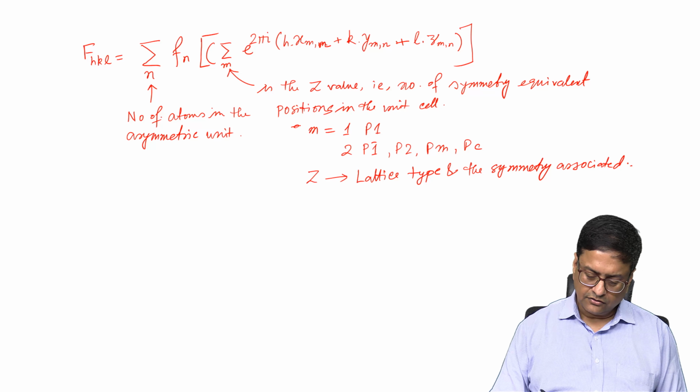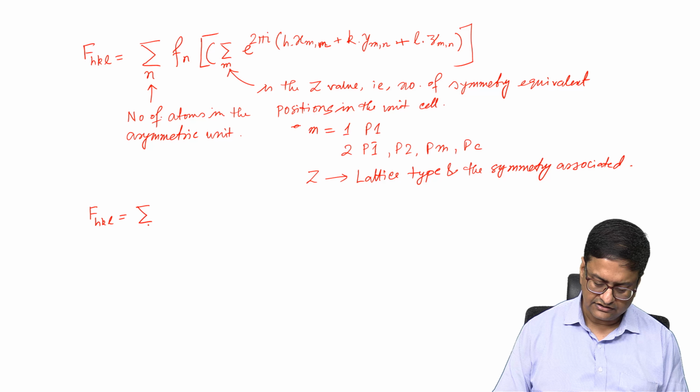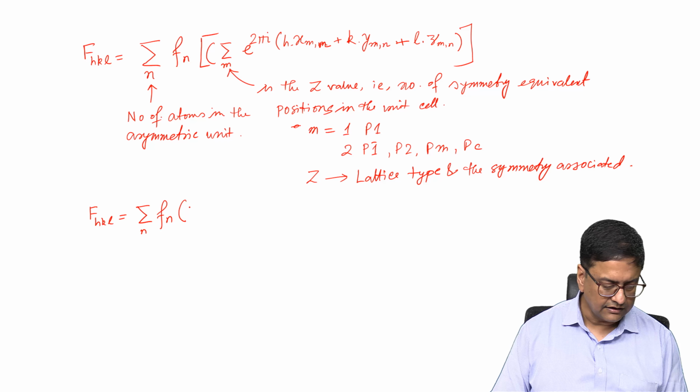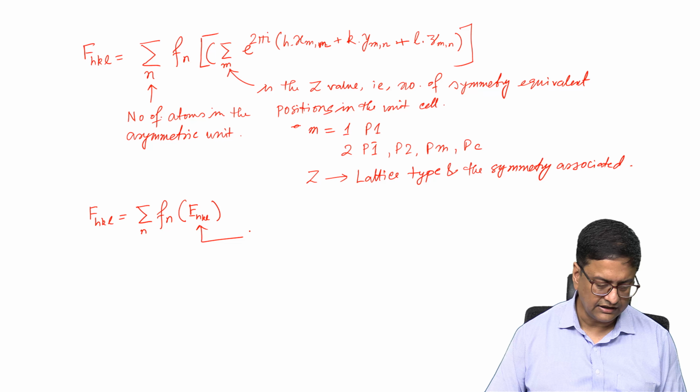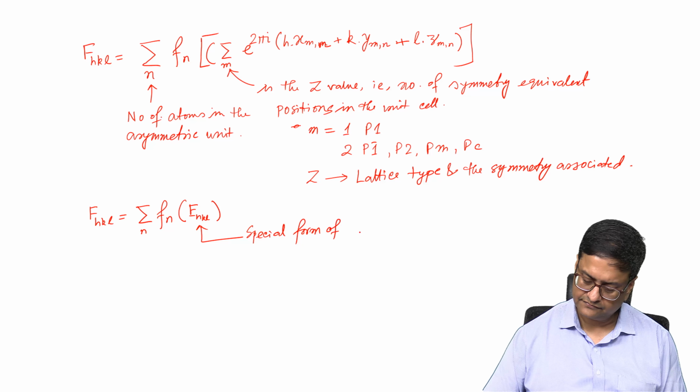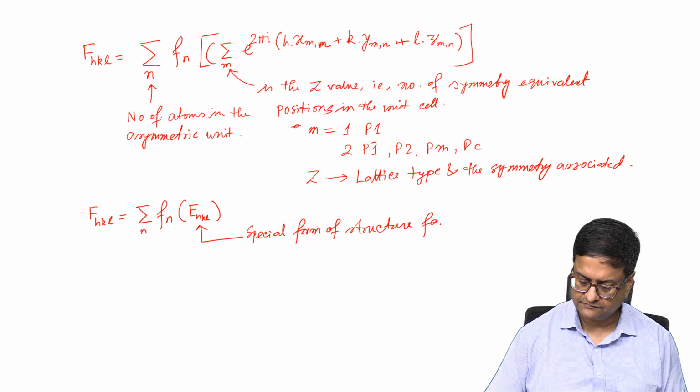So, in short, one can write FHKL as equal to sum over n Fn EHKL, where this EHKL is called the special form of structure factor.